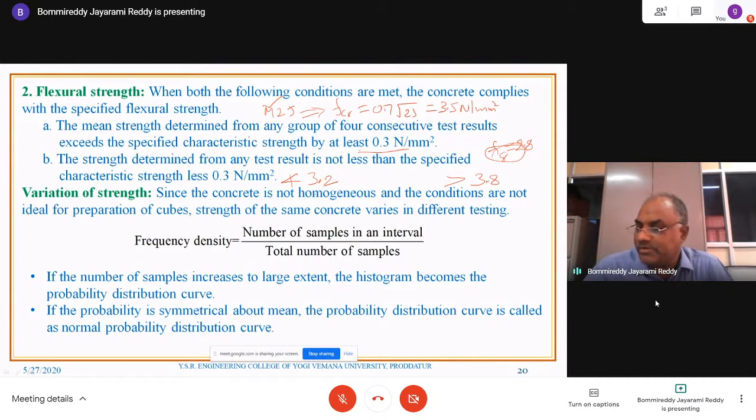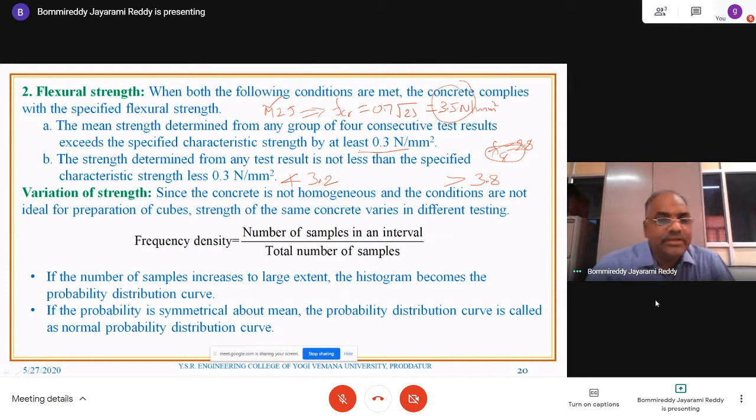So individual results must not be less than 3.2 and the average value must be more than 3.8 Newton per mm square. Then fcr 3.5 is acceptable and that is for M25 grade of concrete. Otherwise, it is not acceptable. Both the conditions must be satisfied.